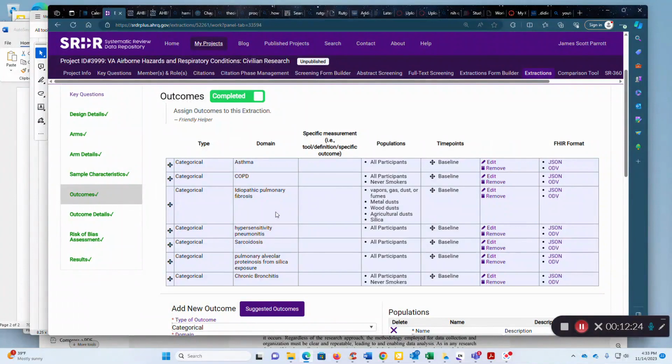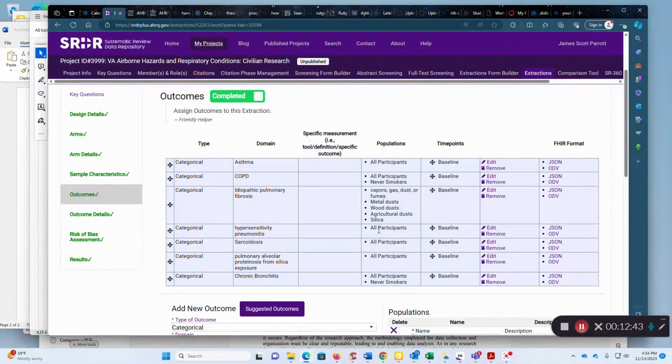When they were looking at idiopathic pulmonary fibrosis, they looked at different exposures, okay? And so again, we look at all of those. So the way that you set up outcomes, you really have to follow the author and the way that they organize their story.